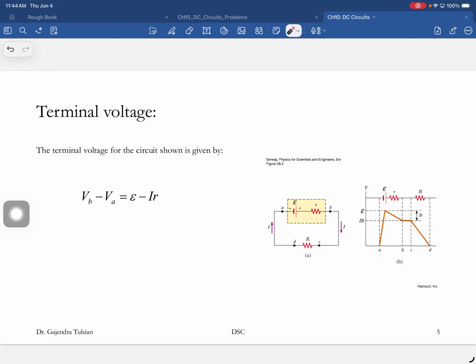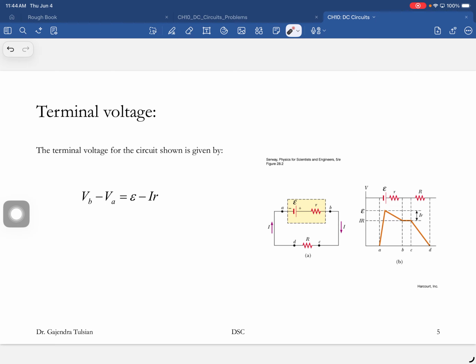So what does a dead battery mean? No chemical energy left. So here's another way to look at it. Dead battery means there's no chemical energy left. It also means the internal resistance has gone to infinity. So if this becomes infinite, for any small amount of current, this minus that would be 0.